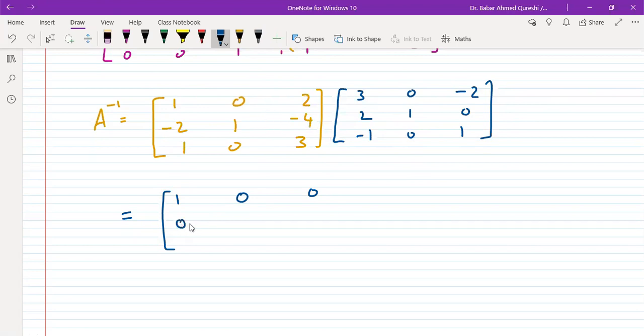So a 0, then a 0, 1, 1, 0, 1, 0, 1. Then I have plus 4 plus 0 minus 4, a 0. Then 3 plus 0 minus 3. So a magic is happening. 0 and minus 2 plus 3. So it checks. This is the inverse.